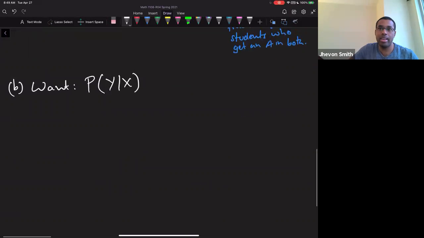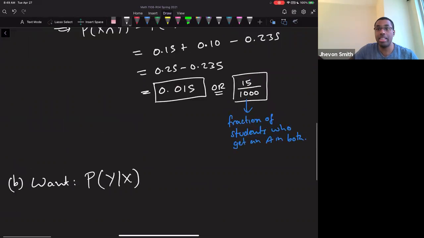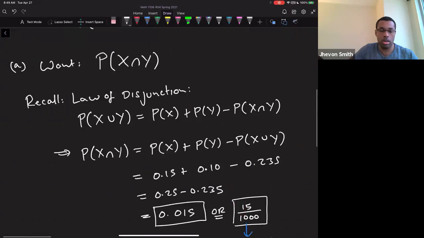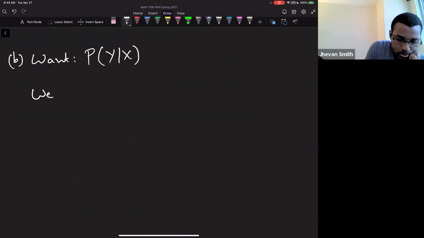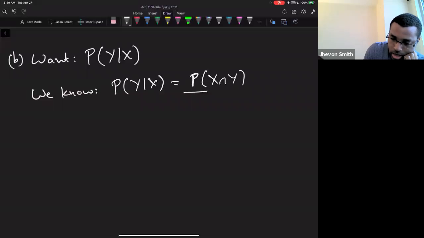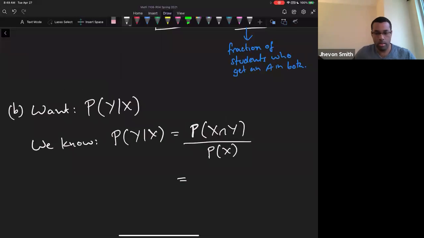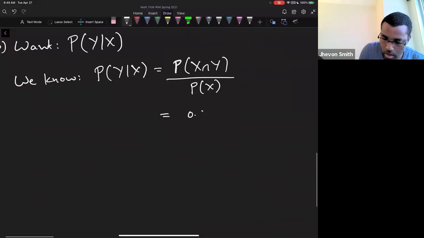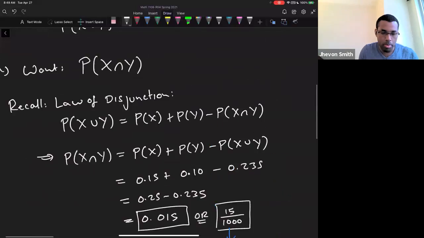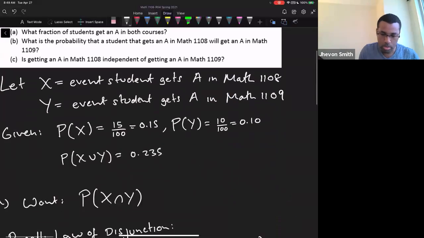So we want this. Given that they got an A in Math 1108, which is X, so that's what occurred first, what is the probability that Y will occur? And that is that they get an A in Math 1109. So now we know probability of Y given X is the probability of X and Y divided by the probability of X, right? X and Y we found just now, so that's 0.015. Probability of X is 0.15.